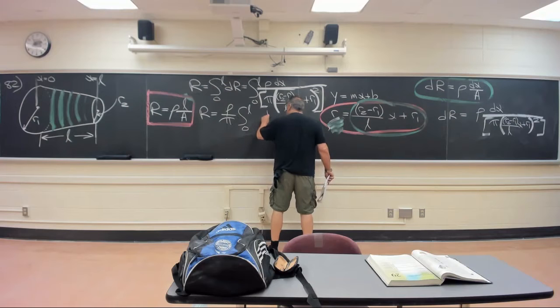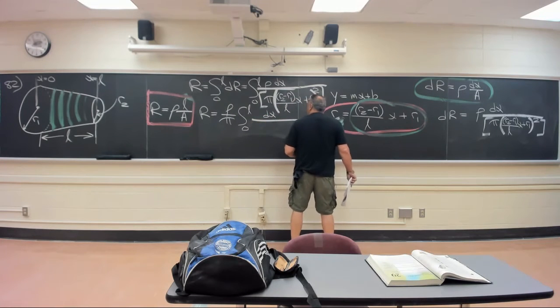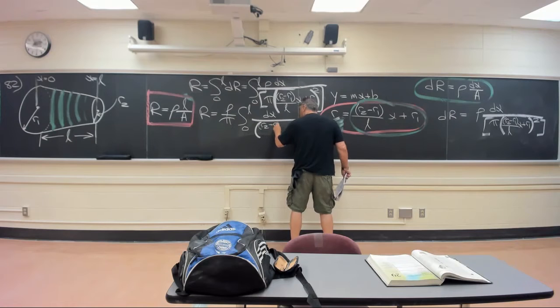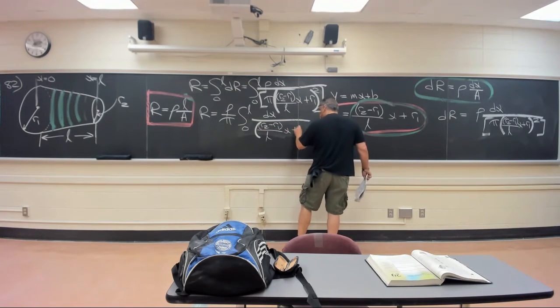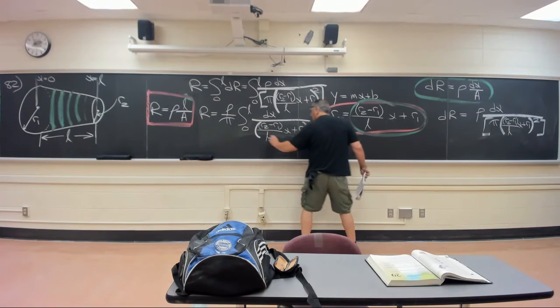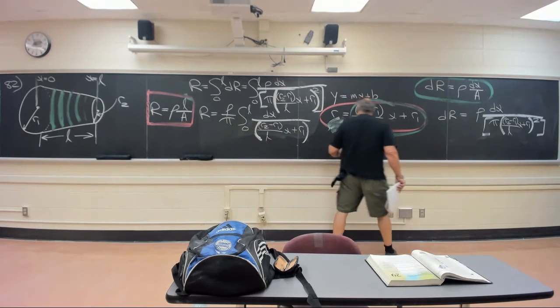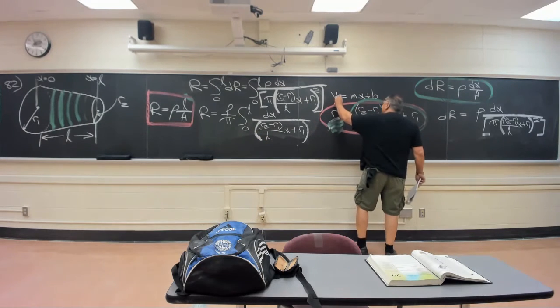And you've got dx equals r sub 2 minus r1 over L times x plus r1 right here. You're basically, the y equals mx plus b is r equals mx plus b.